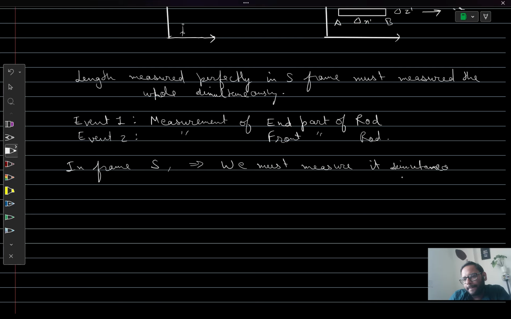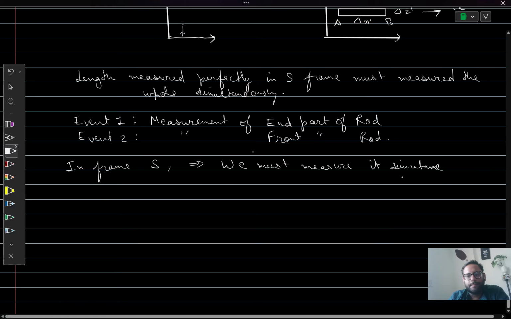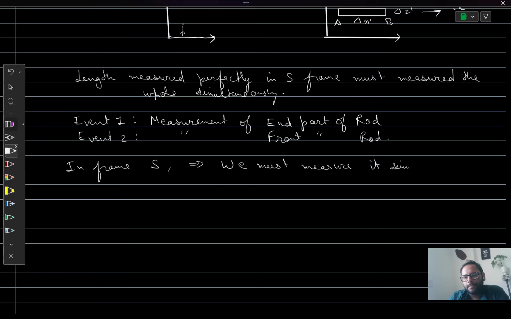It means we measure these events simultaneously, which also means my del t should be 0.